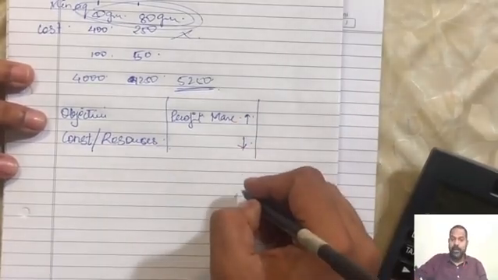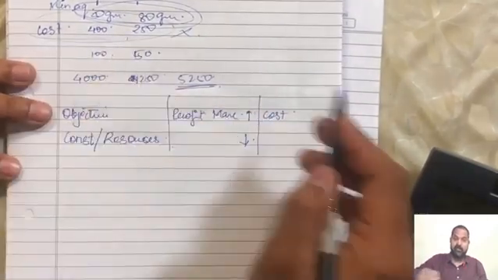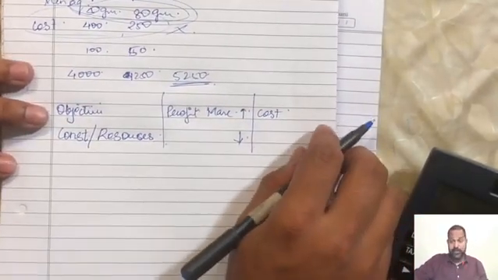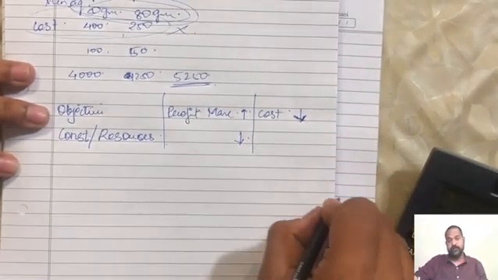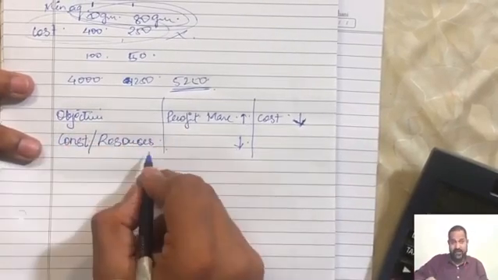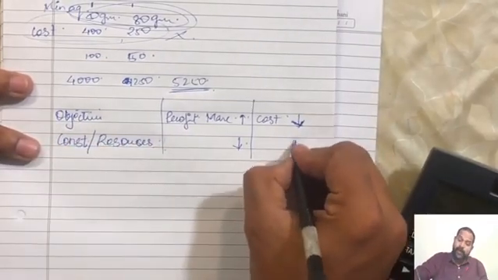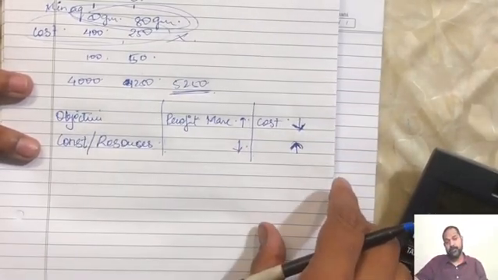Another problem could be my objective could be a cost-based objective, like in this case. If it is a cost-based objective, then I will have to keep the costs as low as possible. But then now the resources will say that I have to keep my feeding as high as possible.